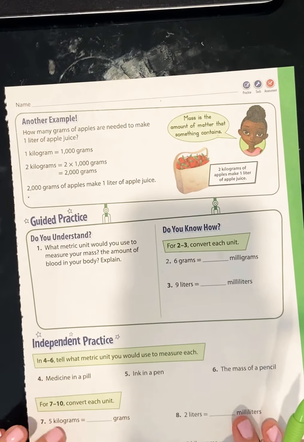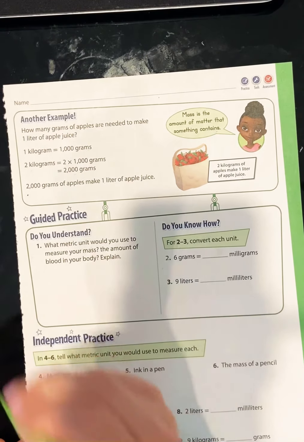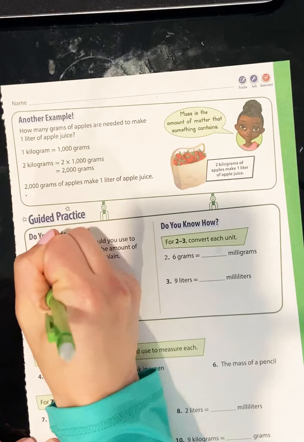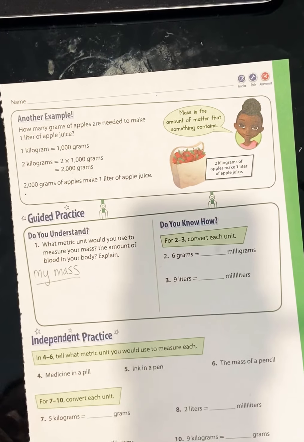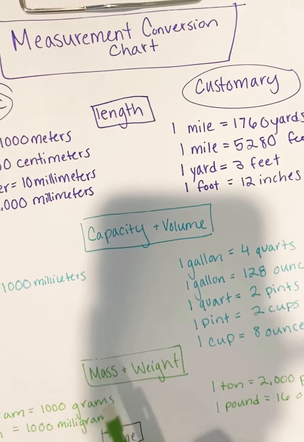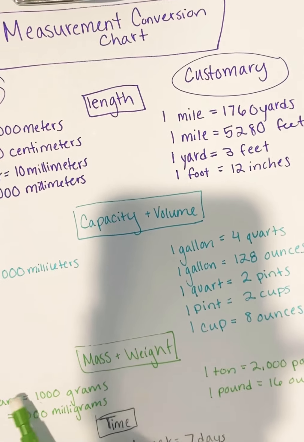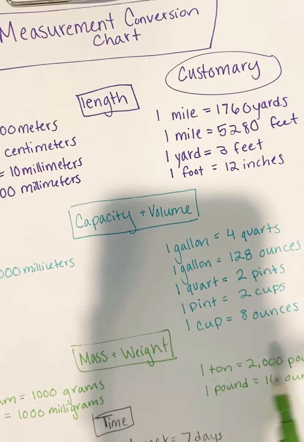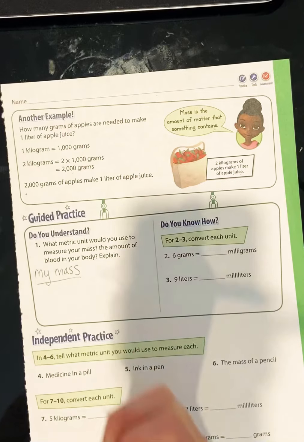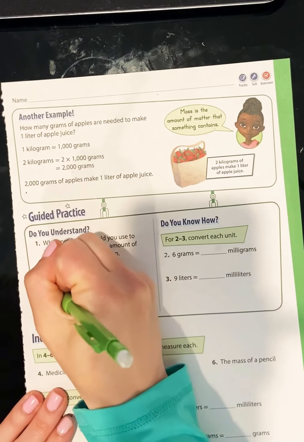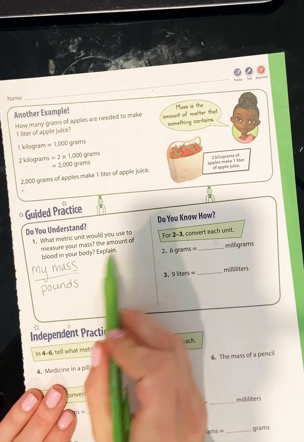What metric unit would you use to measure your mass? My mass is going to be under the category mass and weight. I would measure myself in any of these types, but we usually get measured in pounds, so I'm going to put pounds. Then it says the amount of blood in your body.